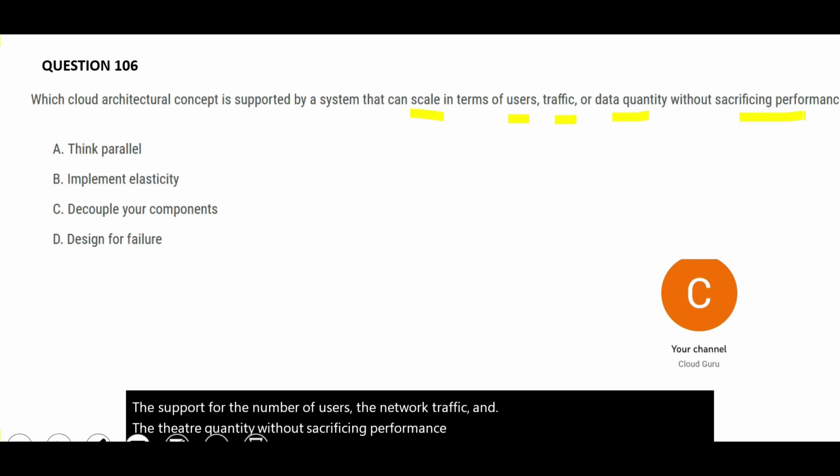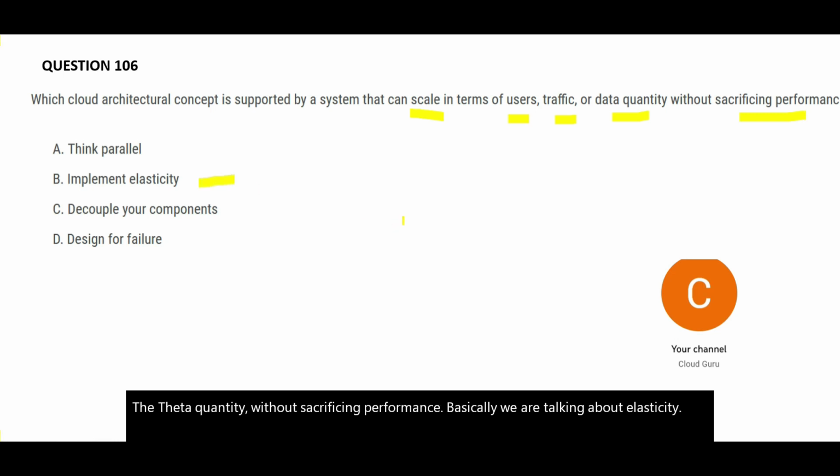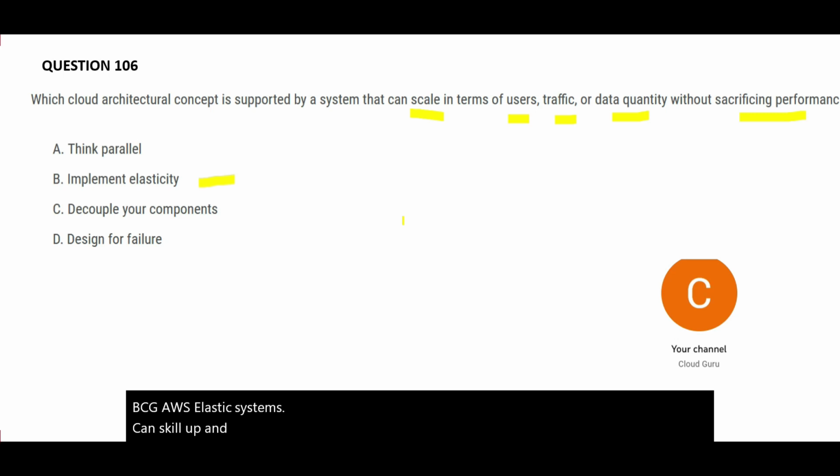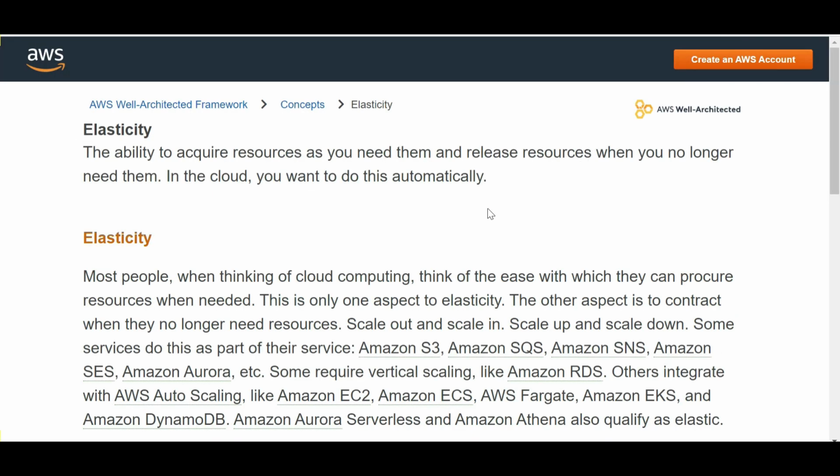Basically, we are talking about elasticity, because elastic systems can scale up and down easily. So what is elasticity? It is the ability to acquire resources when you need them, as well as release the resources when you don't need them.